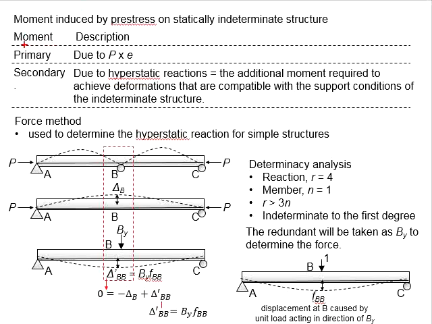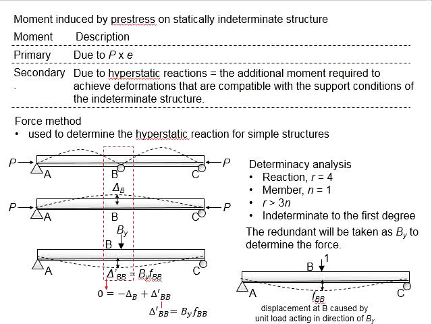The primary moment is mainly caused by the prestressing force, which can be quantified directly by multiplying the prestressing force times its eccentricity. There is an additional moment, known as the secondary moment, which is mainly due to the hyperstatic reactions, and this is an additional moment required to achieve the deformations that are compatible with the support conditions of the indeterminate structure.